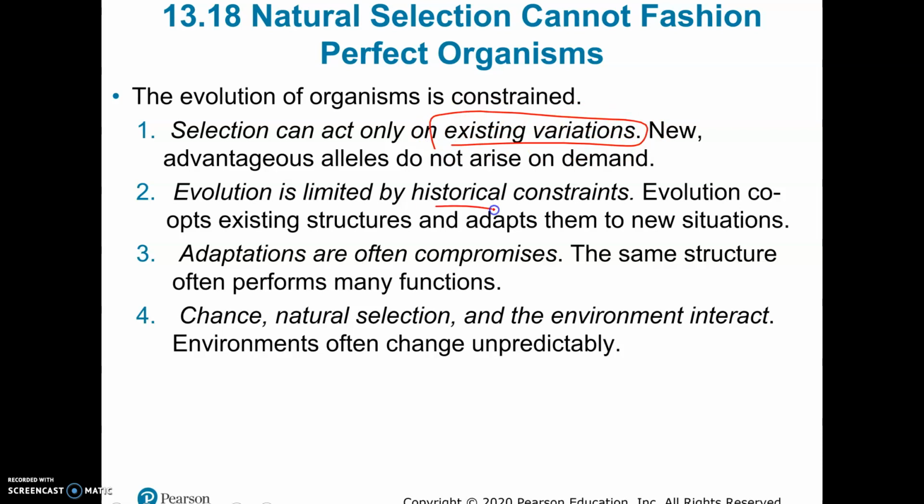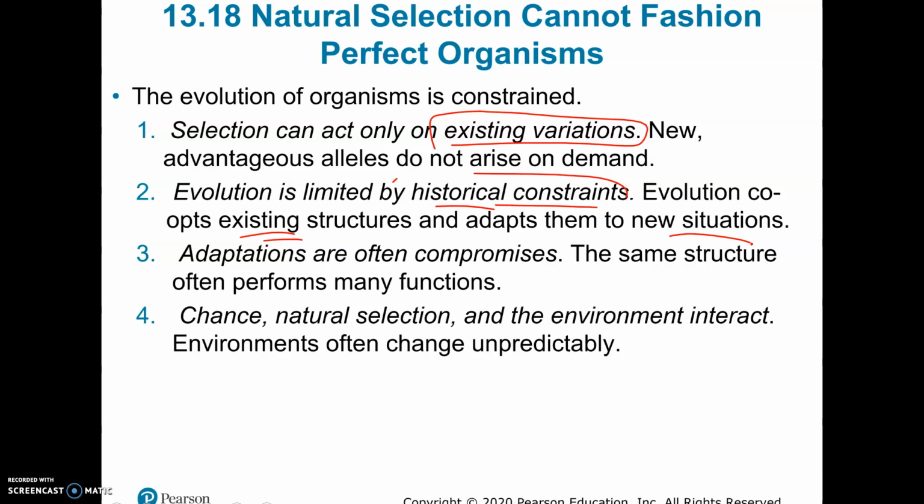Number two, evolution is limited to historical constraints, meaning what has already appeared, existing structures. And if the environment changes, we may see structures become more or less common, but we're not going to necessarily see brand new traits appear just because we need them. It doesn't work like that.